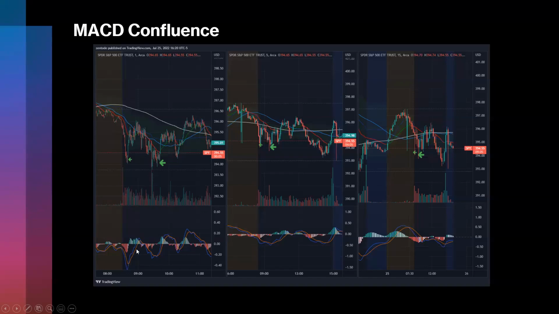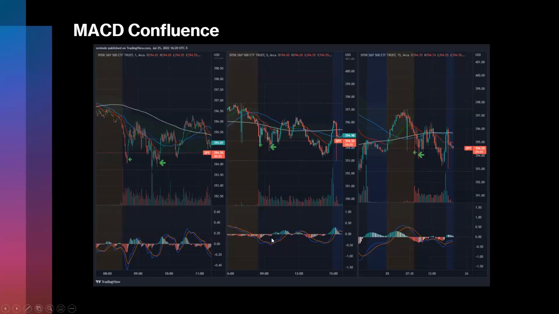Even though we have strong momentum coming in on the 1, where we flip bullish, the 5 is still on a downtrend and still on the bearish side. The 15 is still in a downtrend and coming into the bearish side, right? And that's why this pop is limited and you get the continuation downwards, right?